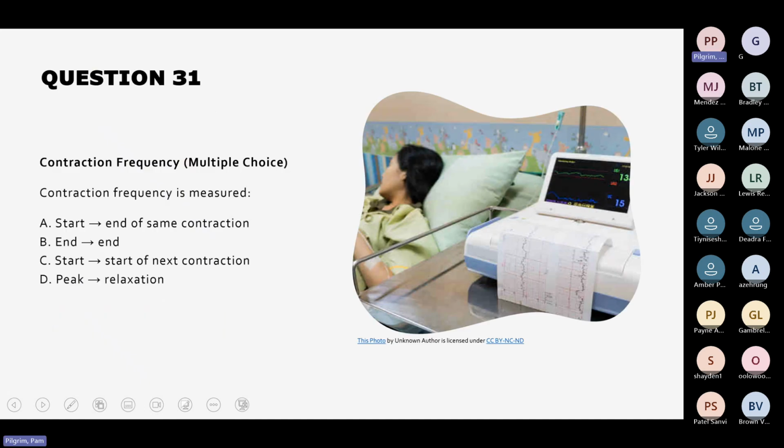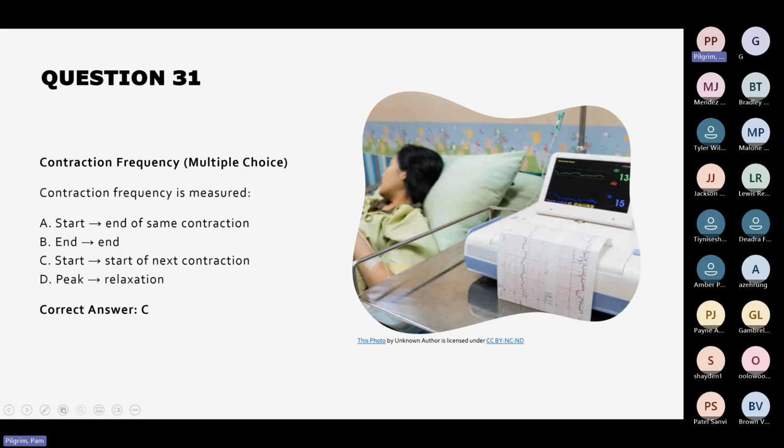All right, next question, 31. Contraction frequency. How is contraction frequency measured? So frequency of the contraction is measured by C, from the start of one contraction to the start of the next contraction.